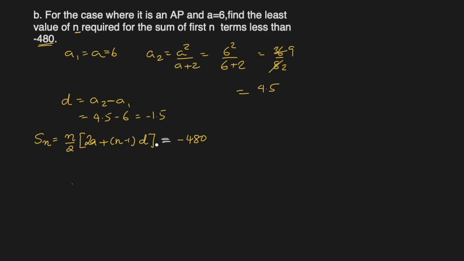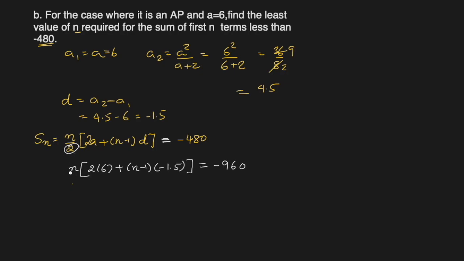So let's make it equal, and this 2 will multiply with this 480. So we can keep here n, 2 times a, 2 times 6. N we don't know, but we know d, negative 1.5, is equal to, and this 2 is going to multiply with 480, becomes 960. So denominator is gone.